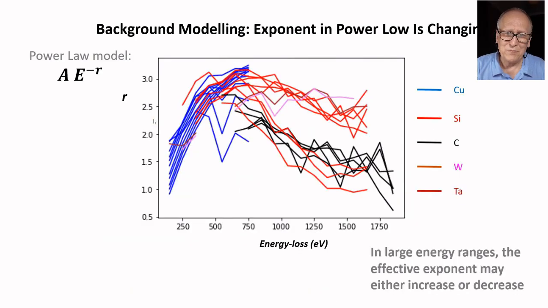The second point would be much less evident: background correction. You know that traditionally the background is modeled with a power law with two parameters: the intensity and the so-called exponent of the power law, R. And it was successful for a long time when people typically considered relatively narrow energy regions.